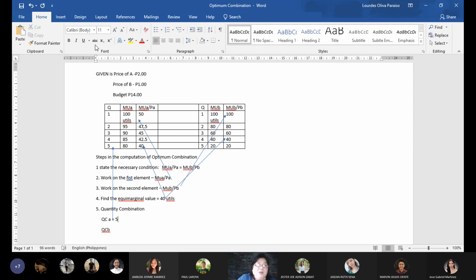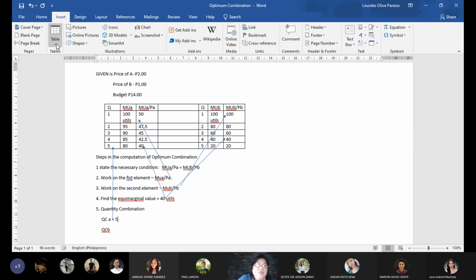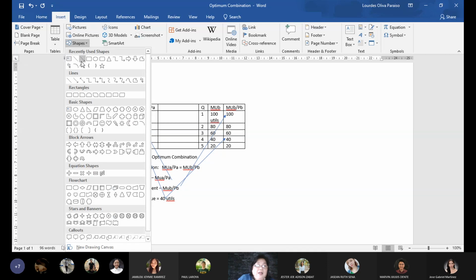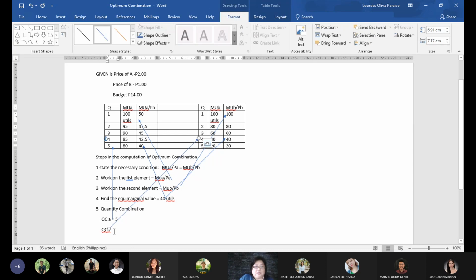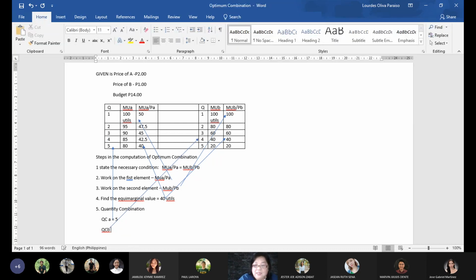Okay, how about your quantity combination if you're looking at your good B? So, it means your quantity combination is 4. Correct?